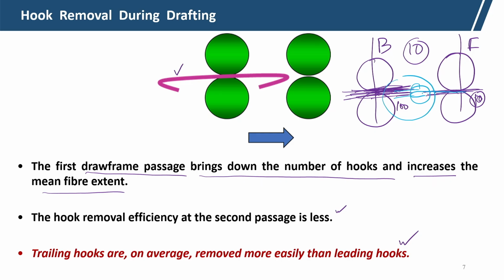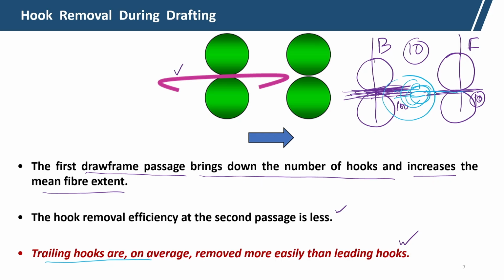So, due to the frictional contact, these slow moving fibers, which are in larger proportion, will try to straighten this hook. Okay. That is why trailing hooks are easily removed.